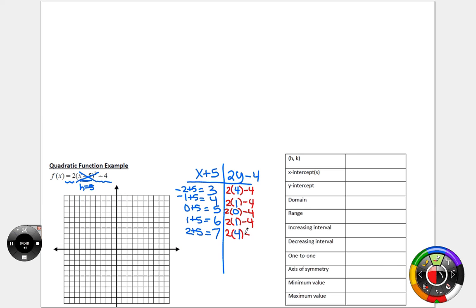So everything that you can do on a graph, you could do numerically to the points that already existed in the parent function. Okay? So 2 times 4 is 8, minus 4 is 4. 2 times 1 is 2, minus 4 is negative 2. And we would just keep doing this.